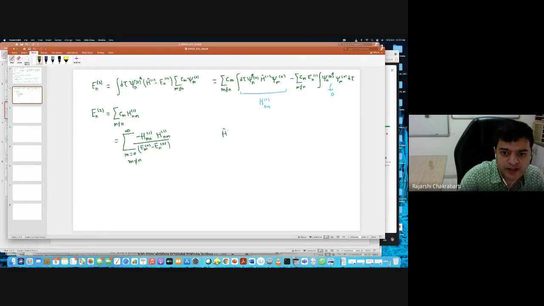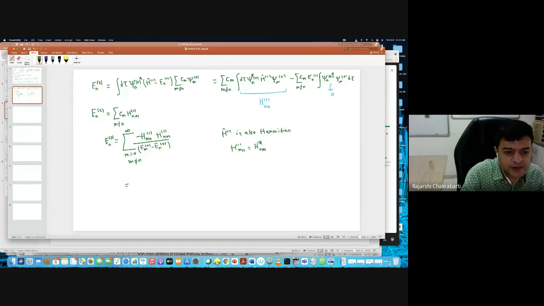H1 is also Hermitian. How does it help? It helps because I can further simplify this. It basically means that H1 mn is equal to H1 nm star. So what is going to happen to this?